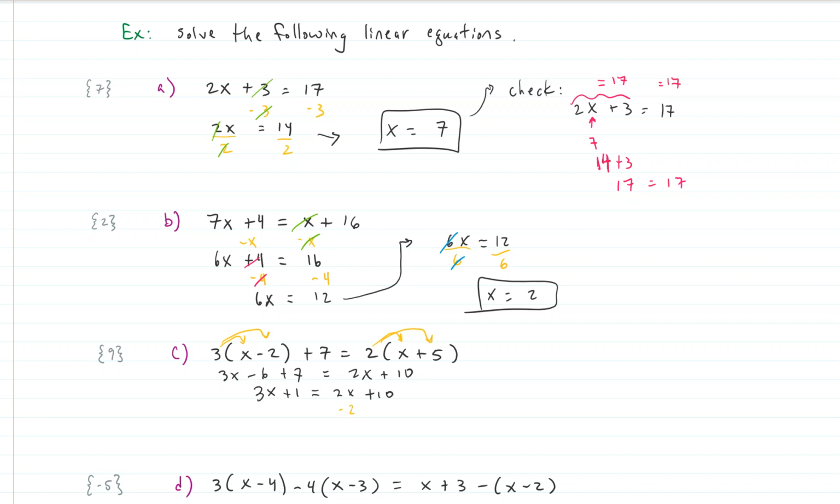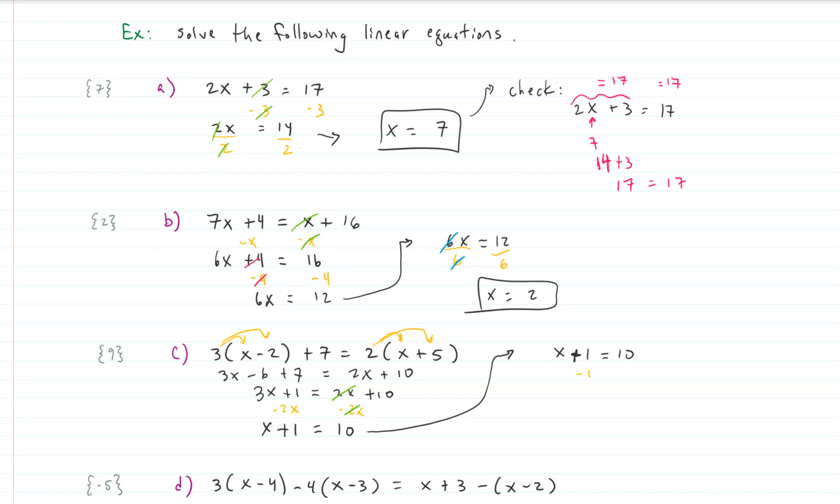So I'm going to subtract 2x on both sides. 2x cancels on the right, and 3x minus 2x gives us just x. And I have plus 1, and I have 10 on the right. Now, let's come back up and keep going. So I have x plus 1 equals 10.